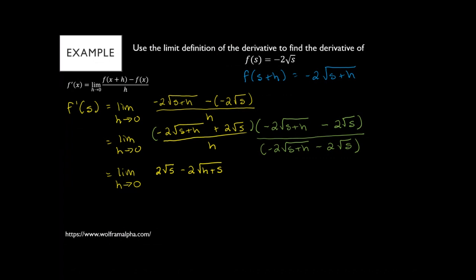Okay. So now that you've simplified everything, this is how it all simplifies to. And we're going to then take the limit as h goes to 0. So no, now we're just going to get 0. That's not right either.